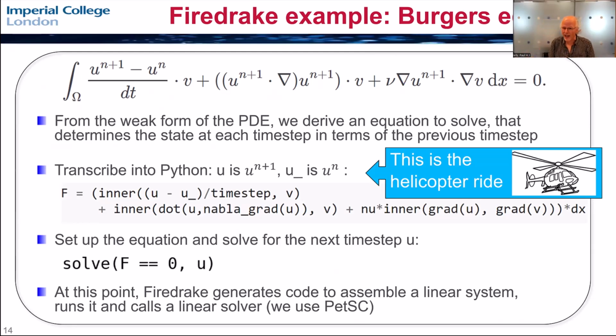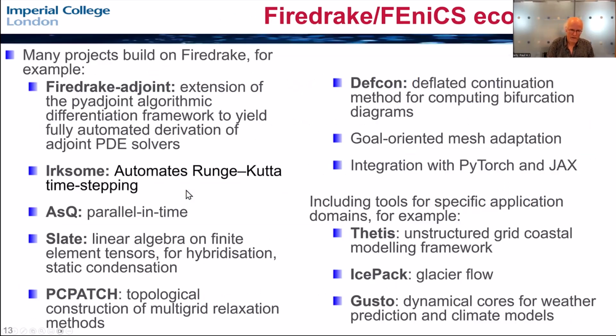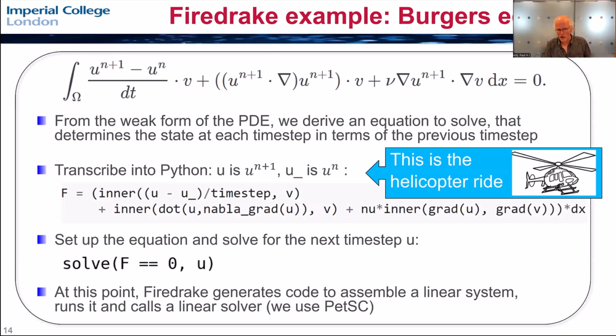And what Firedrake really does, most of the work in Firedrake, is on assembling the linear system efficiently from the mesh. So what you do is you take this and you transcribe it into Python, as shown here. And if you look carefully, you'll see this is actually essentially the same expression as the left-hand side of this equation. Having constructed this, you might then simply solve for the un+1 that makes this left-hand side 0.